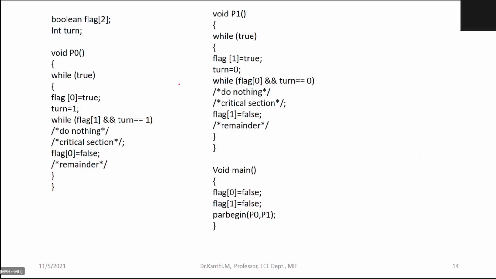So this is your program for Peterson's algorithm. In main, you make both flags false and use these two processes, with the declarations for flag 0 and flag 1.